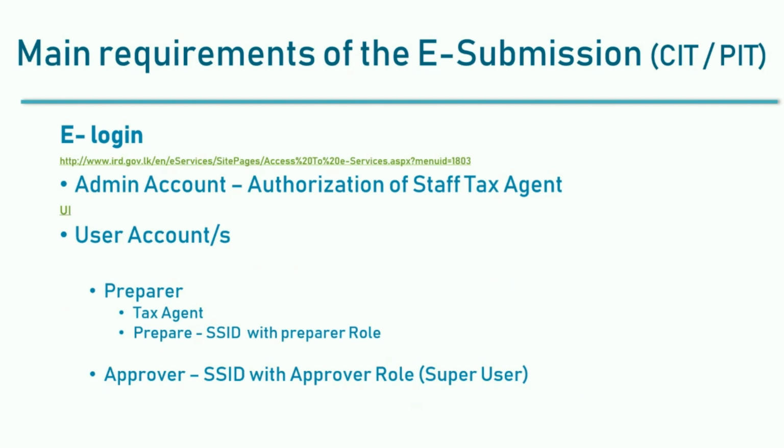Then user accounts we can identify under two categories. One is preparer, the other one is approver. Approver means SSID with approver role. Actually, we can consider the approver a super user, because the approver can play the preparer role as well as the approver role.